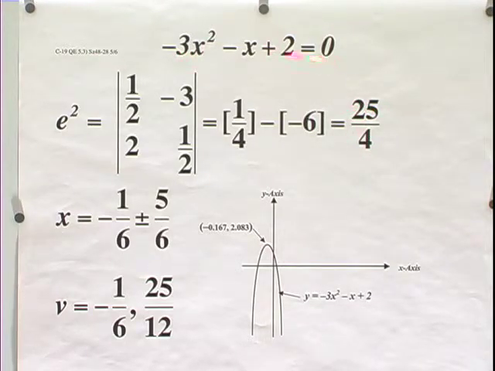It means the roots of this will be rational. That is a fraction, a ratio of two whole numbers, or a whole number. So the roots will be 1/2 divided by -3, which makes that a -1/6.